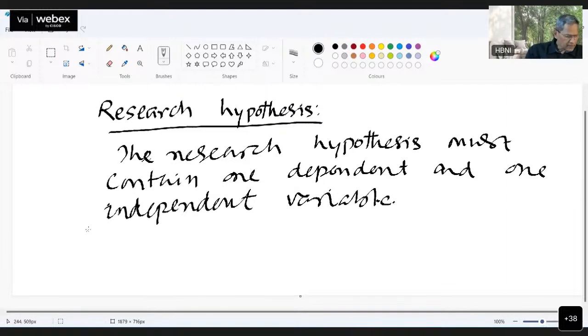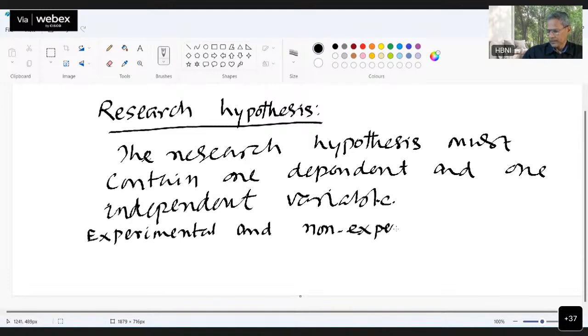Then there is another concept, what is called experimental and non-experimental hypothesis testing research.